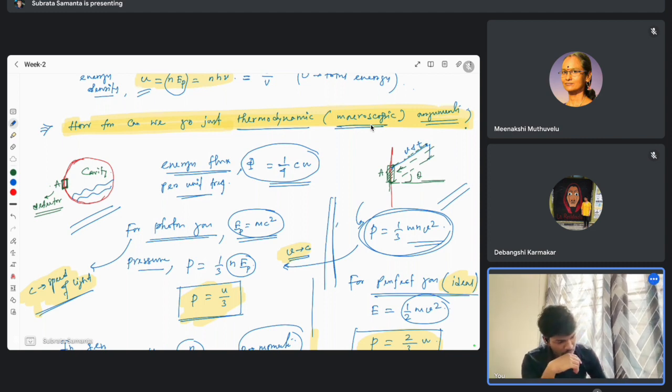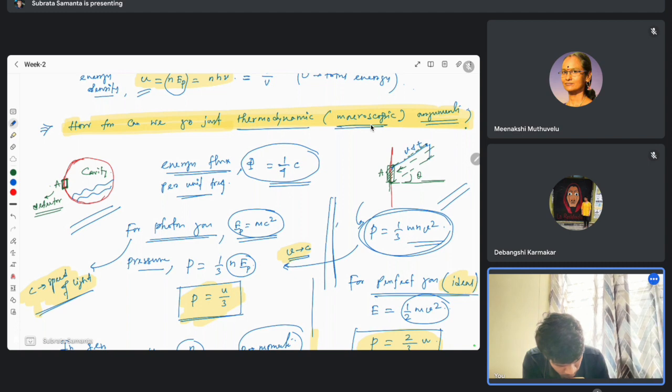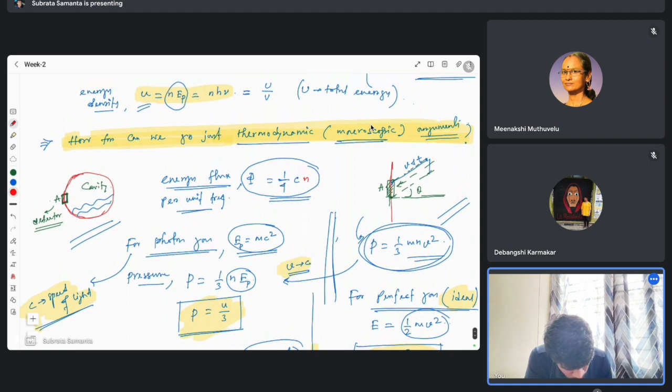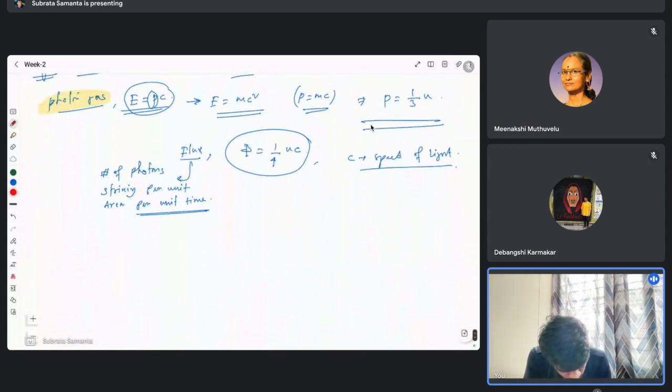Yeah, so here this is not u, this is n. Sorry, n is the photon number density. It's the n photons, and for this case, this is also n c. Okay.